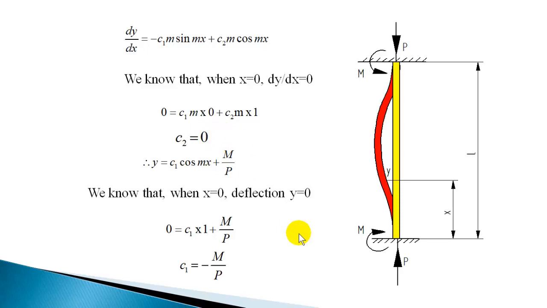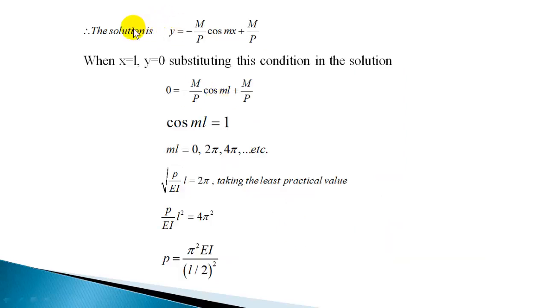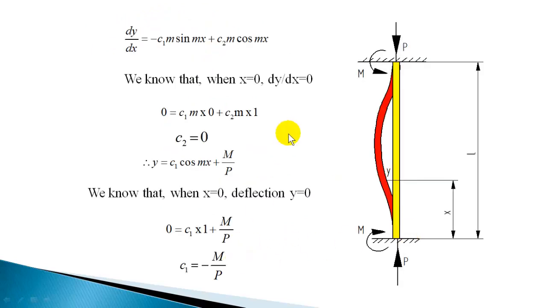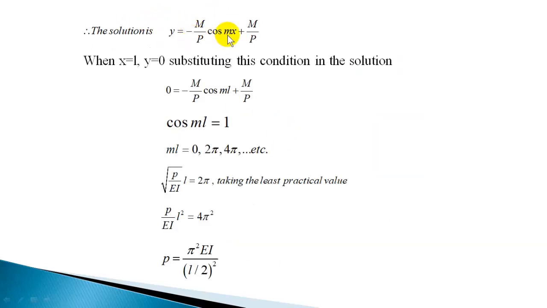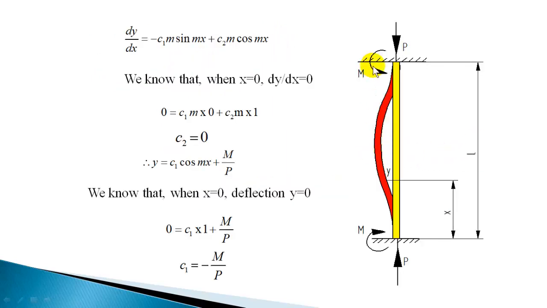Now after getting the constants, you can write down the equation. The solution now is y equal to minus m by p cos mx plus m by p. Now to get a solution, we also know that at the other end, when x is L, y is 0.